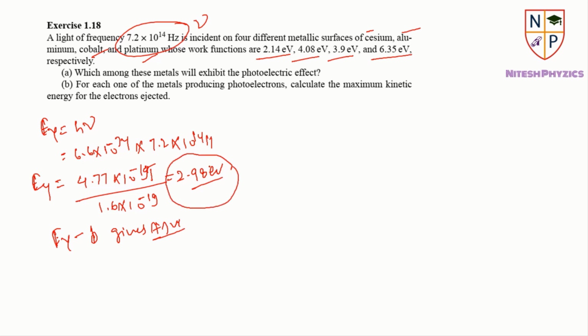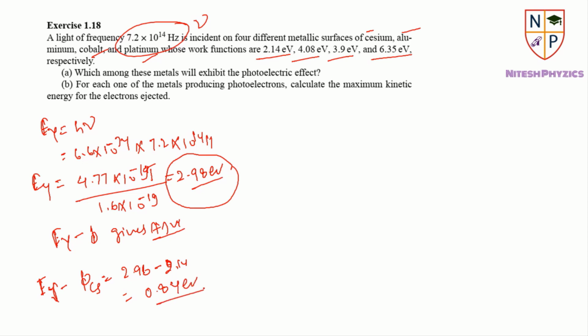Sorry, E gamma minus phi cesium, 2.98 minus 2.14, gives a positive value of around 0.84 electron volt.